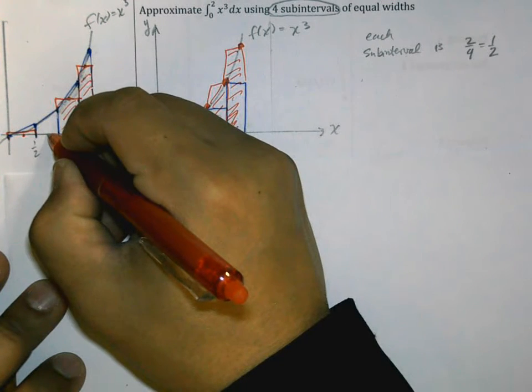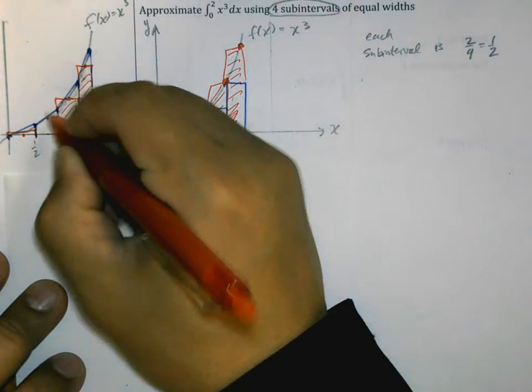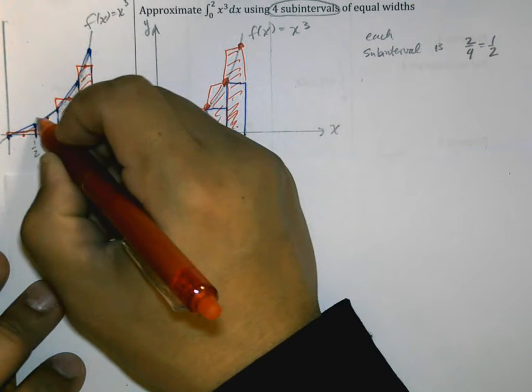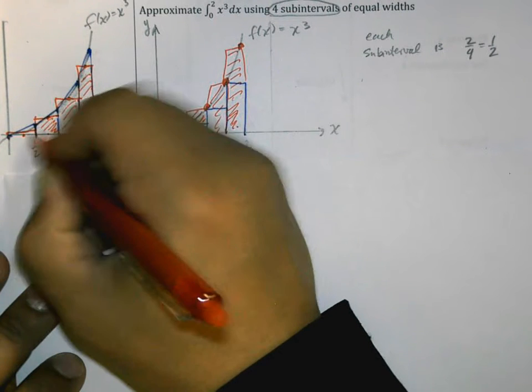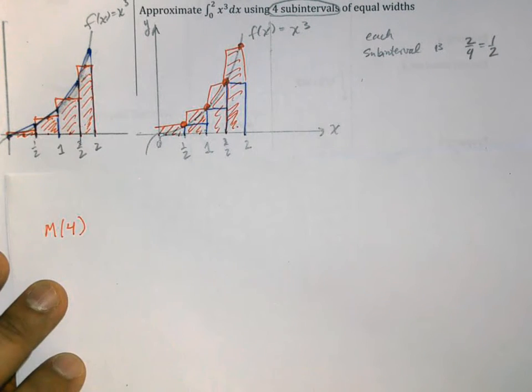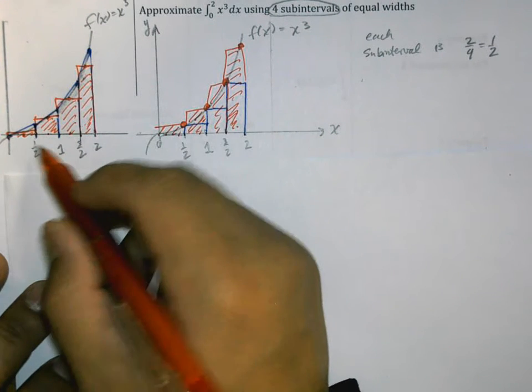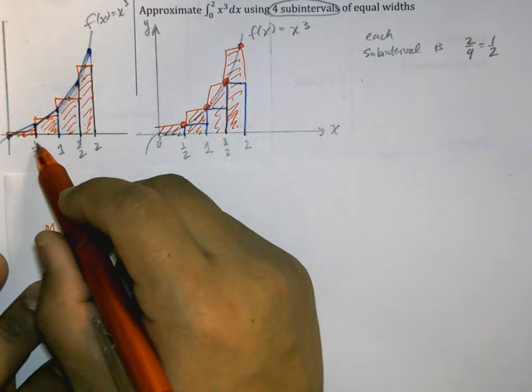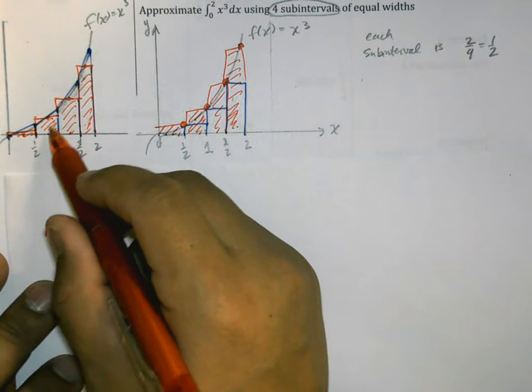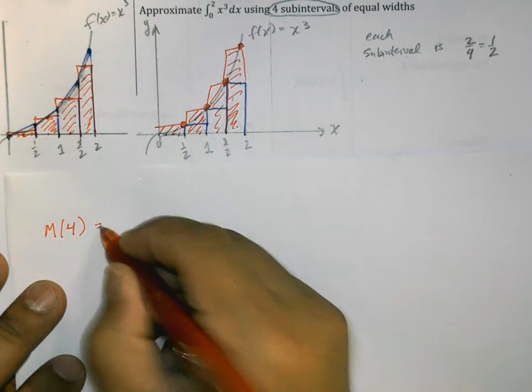And then between 1/2 and 1, go find the midpoint, go up to the curve, not to the blue dash, but to the curve, and then make the rectangle, and then down here, and make the rectangle. So again, we have 4 rectangles. Each one of them still has a width of 1/2, but the heights are a little bit different.